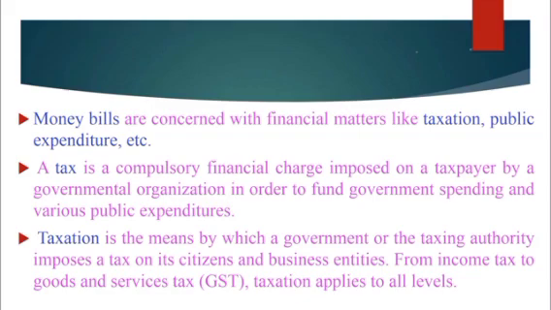Taxation is the means by which a government or the taxing authority imposes a tax on its citizens and business entities, from income tax to goods and services tax (GST). Taxation applies to all levels. What is meant by public expenditure? Here, public expenditure means the money which is spent for the welfare of the public in the particular state.